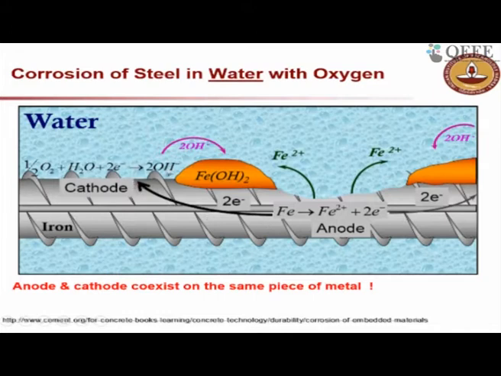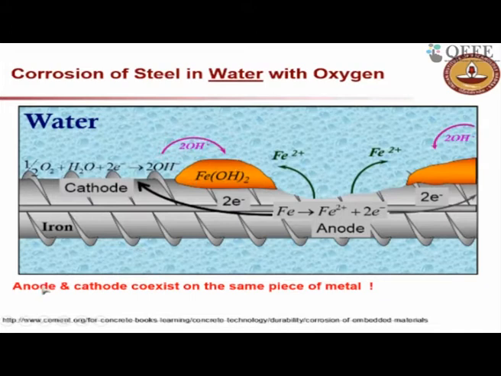This is the cathodic side, where these 2 electrons are absorbed in the presence of moisture and oxygen, forming hydroxide ions. The hydroxide ion moves towards the anodic side, where Fe2+ is already available. These two combine to form iron hydroxide. That is what rust is.